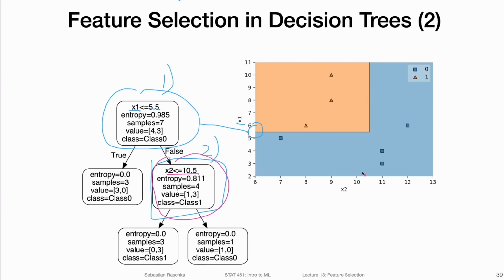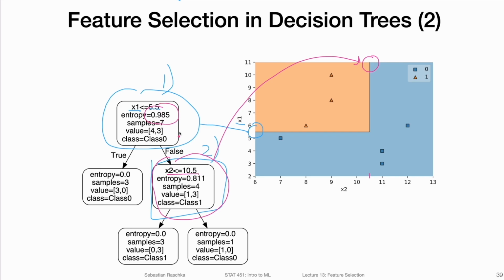So where might that be? 10.5, that's here. So here's actually our second split going on. Okay, so we have two splits here, and we can see based on these splits, the classifier classifies this data set perfectly.